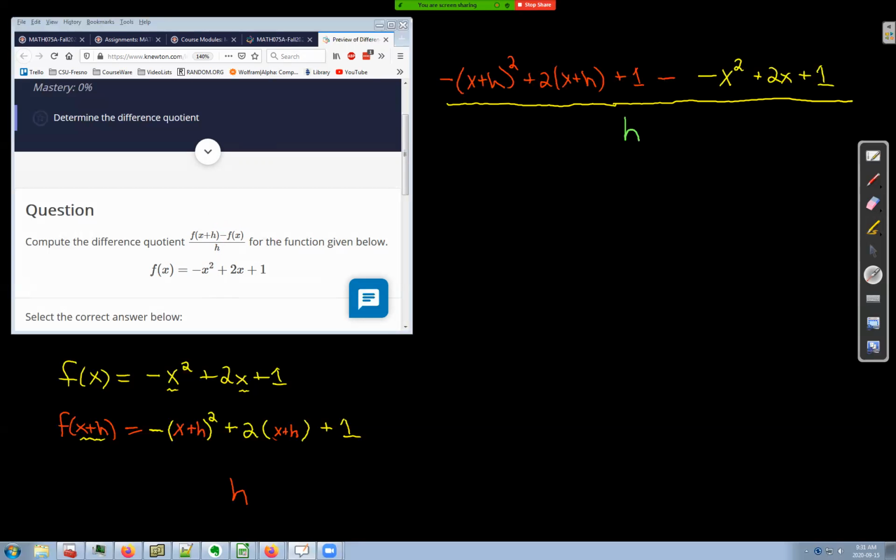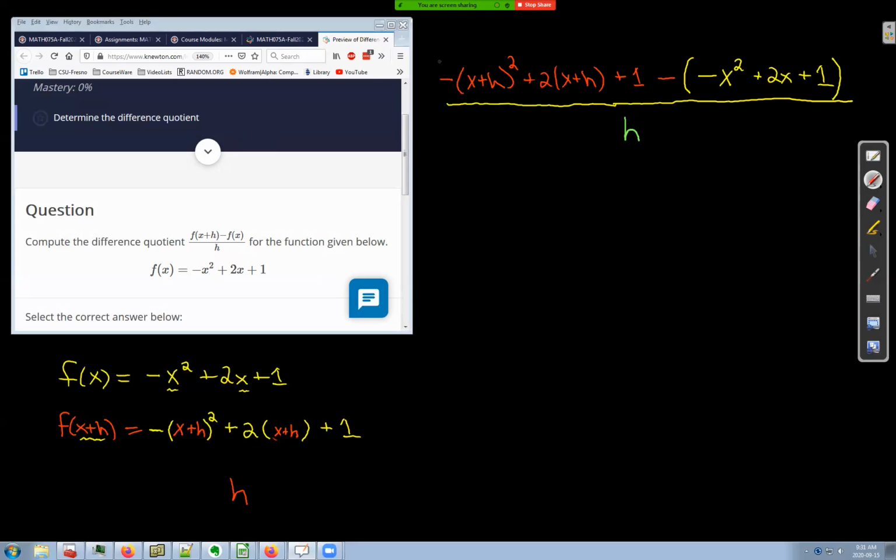But right now, this negative sign is only affecting this term right here. It's having no impact on the rest of the yellow. And so the mistake I made here, which is a common mistake, which is why I made it, is you need parentheses here.